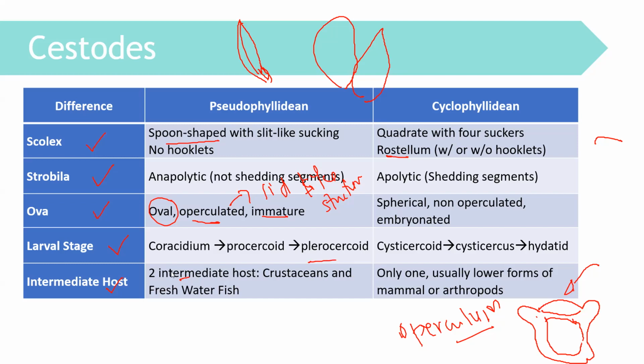For cyclophyllideans rather, we have your cysticercoid, cysticercus, and hydatid. Cysticercus is, for example, in cases of Taenia saginata, no? The cysticercus bovis, no, is the infective stage of our Taenia saginata.